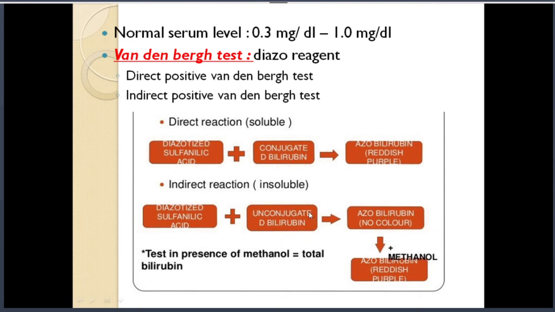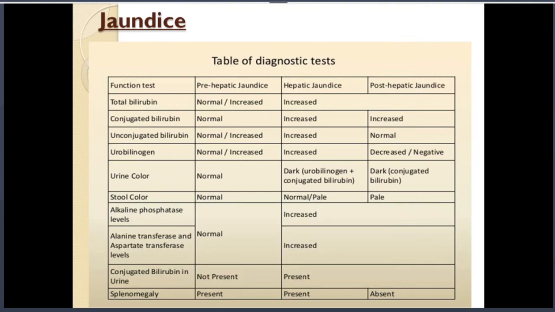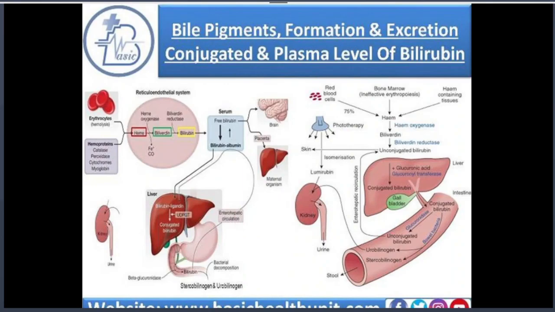But if it does not give any coloration when we treat it with the diazo reagent, but as soon as we add alcohol or methanol to it, methanol dissolves the unconjugated bilirubin, and then it gives a reddish brown color, and that is indirect positive. The direct positive shows the presence of conjugated bilirubin in the serum.